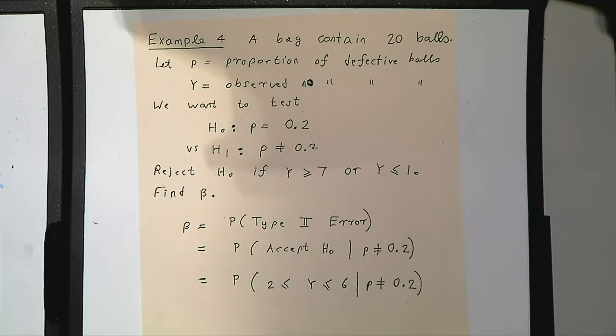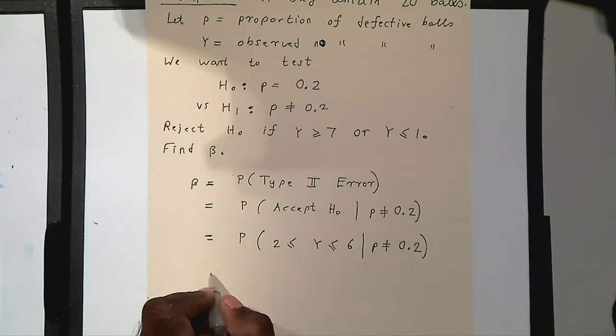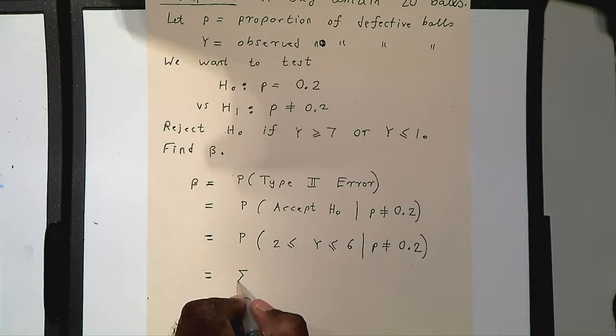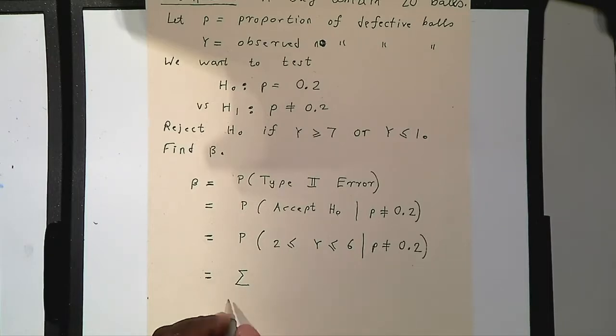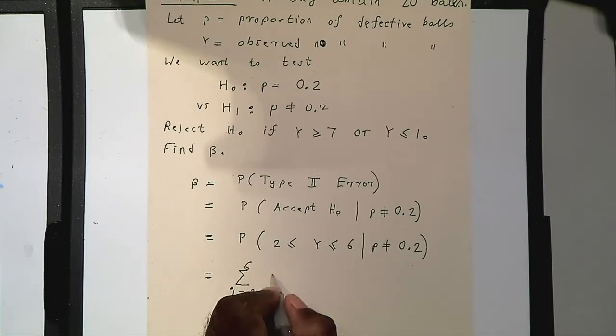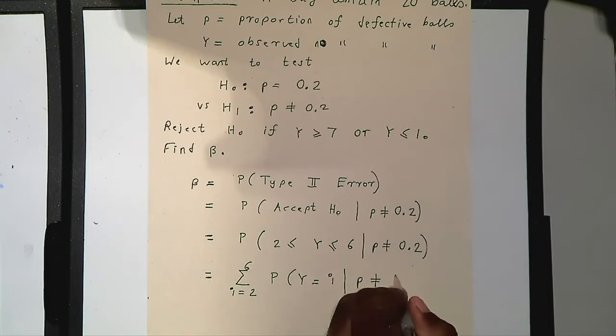So the complement of this event is the event that Y is between 2 and 6 inclusive. Now if Y is between 2 and 6, the possible values are either 2, 3, 4, 5, or 6. So you can write it as the sum from 2 to 6 of the probability that Y equal to I, given that P is not equal to 0.2.